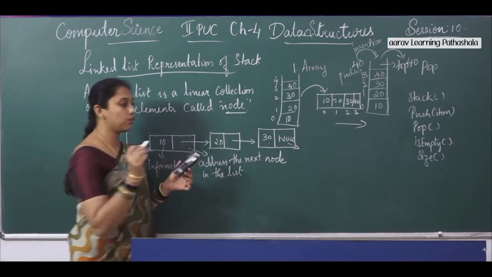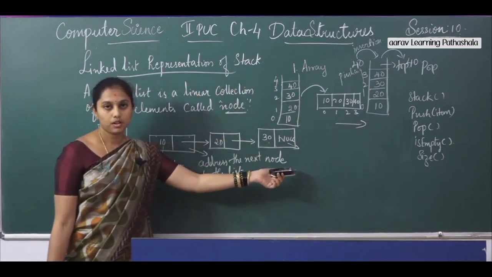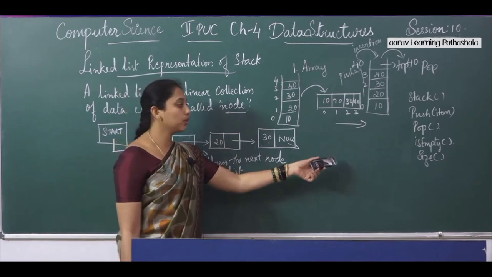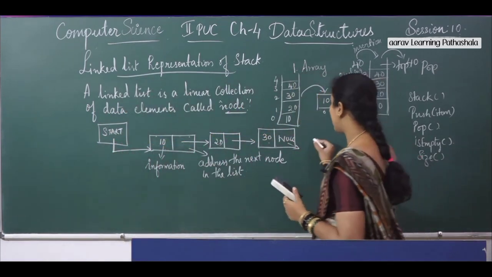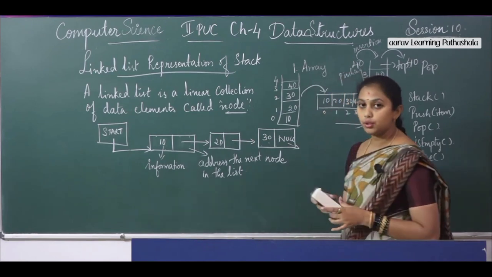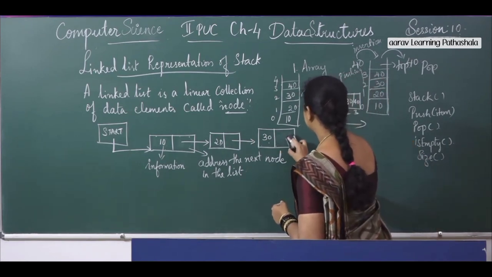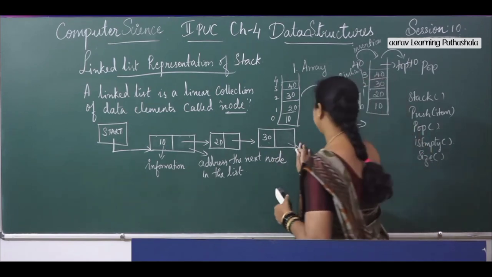I want to insert an element at the end of this node. So how to insert? By creating a new node, I am going to insert an element called 40. So how to create? First I have to create a link for the next node.